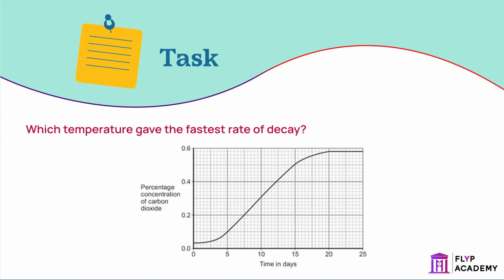This graph shows the amount of carbon dioxide produced per day from grass cuttings in a composter. We can calculate the rate of decay by working out the gradient of the line, so the change in carbon dioxide concentration over time.